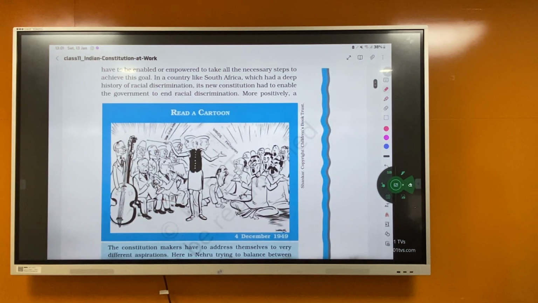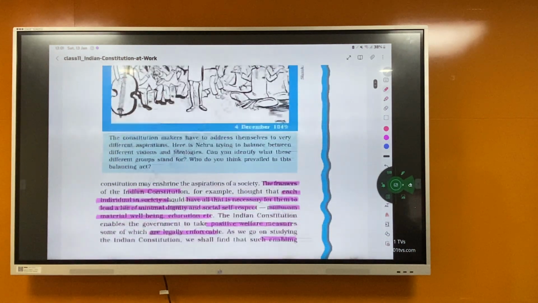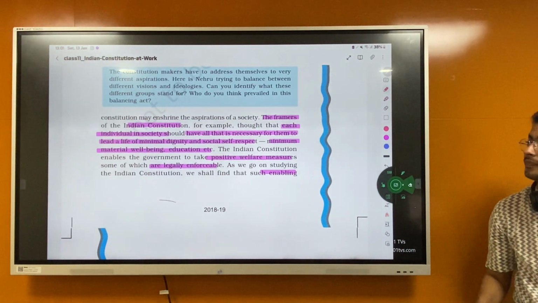What was it called in South Africa? The racial discrimination, what was the name? Apartheid?